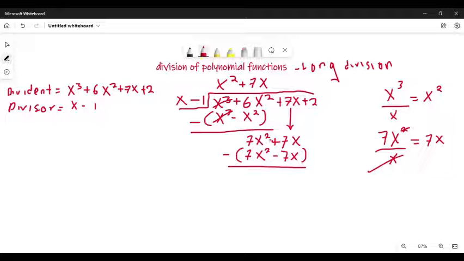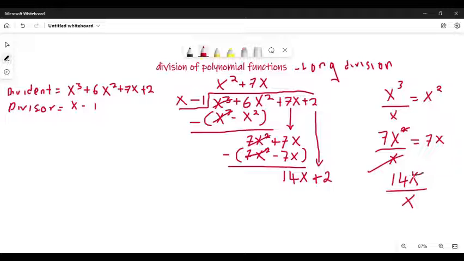When you do that, this and this will cancel. Then this will give you 14x, because this negative sign and this negative sign will multiply to produce a positive sign. Then you drop this plus 2, and you get the 14x, because it's the first term of your dividend divided by the first term of your divisor.